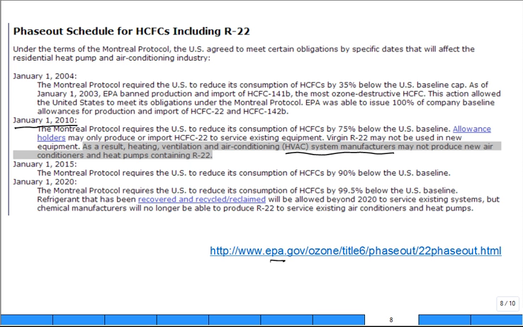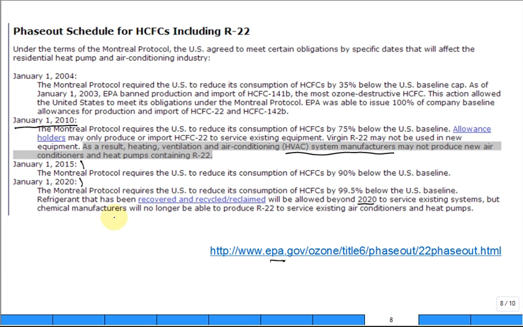So it's now quickly going down the tubes. And you can see increased agreements that will be continuing to kick in. And eventually they won't be able to even use any of the recovered or recycled or reclaimed. Will be allowed beyond 2020.